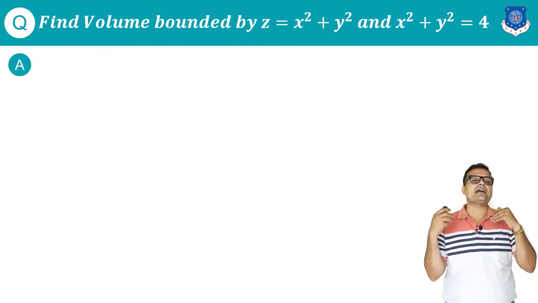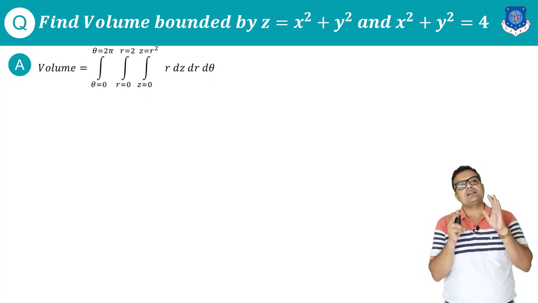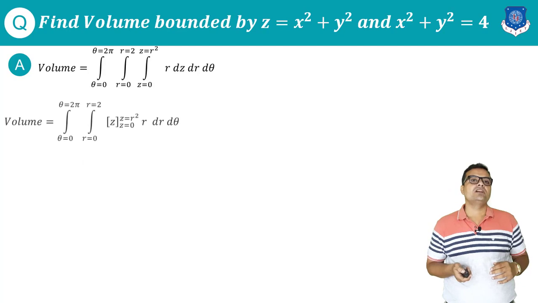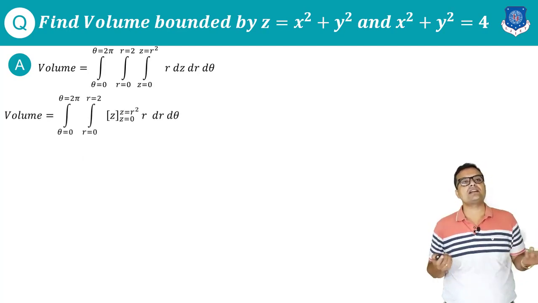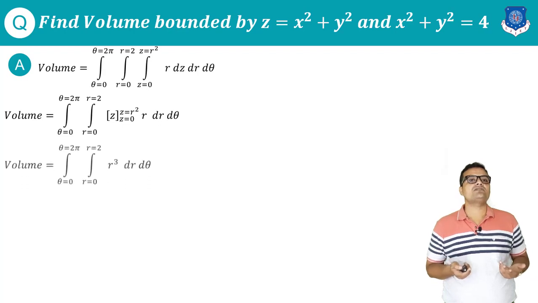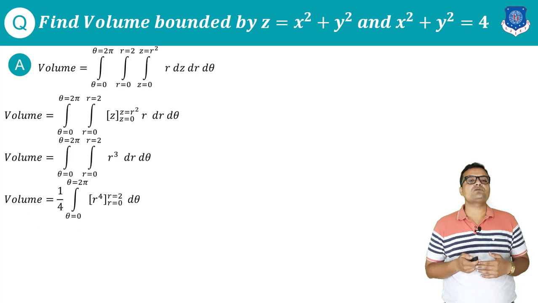Now let us consider the algebraic part of this solution, that after constructing limits, we are going to solve it. First of all, I am taking integration with respect to z. r is constant, so z will give you r square and 0, so ultimately I have r cube. Now integrating it with respect to r will give me r raised to 4 by 4. 4 is constant, I am taking it outside and applying limit 0 to 2.